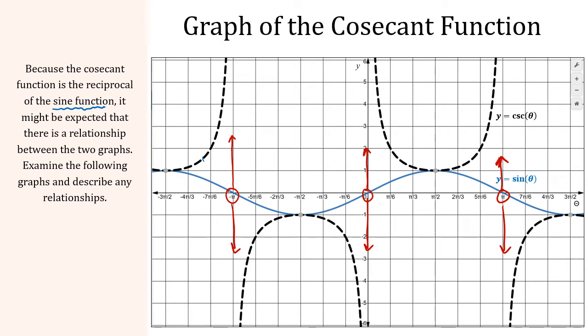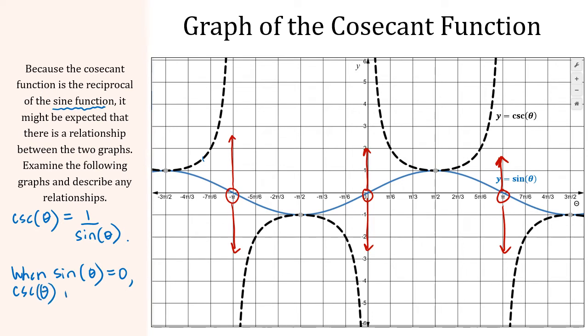Well, we're going to go back to how we have defined the cosecant function. The cosecant of an angle is the reciprocal of the sine function. So that's 1 over the sine of theta. So when that denominator, when the sine of theta is equal to 0, then we have a cosecant that's undefined.